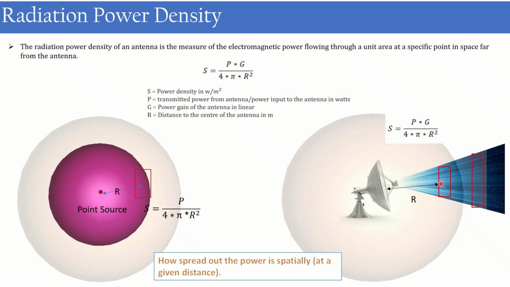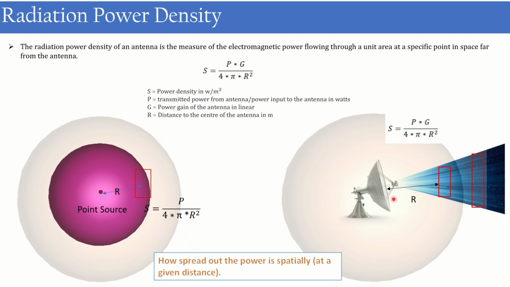First I'm going to consider this area which is at a distance r from my antenna. You can see that this is the area covered by the power from the antenna, and the power density is P into G by 4 pi r square.